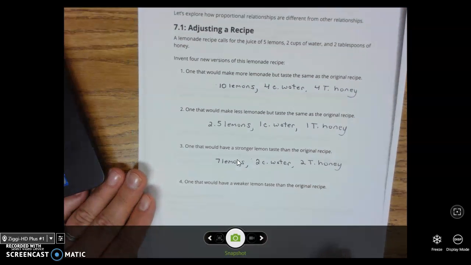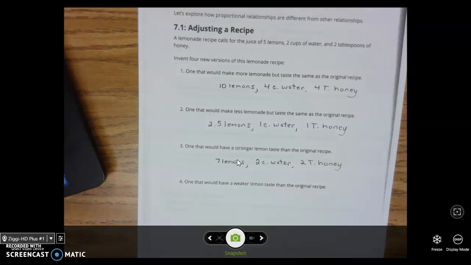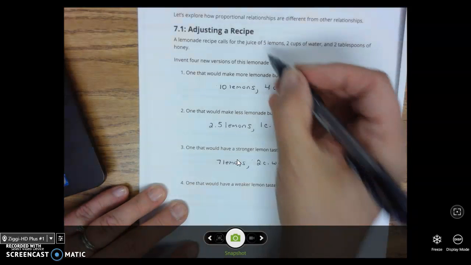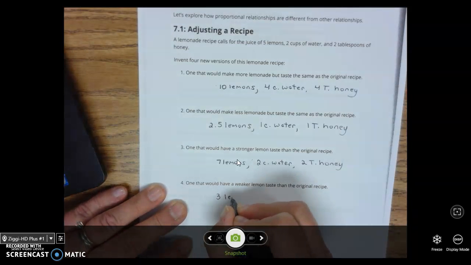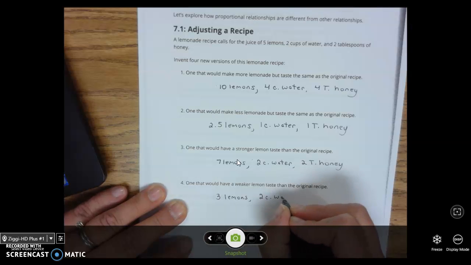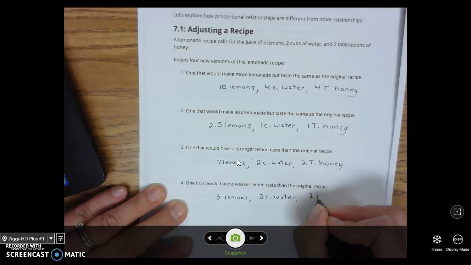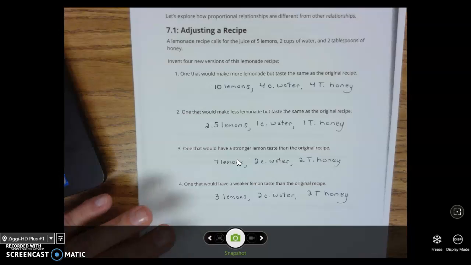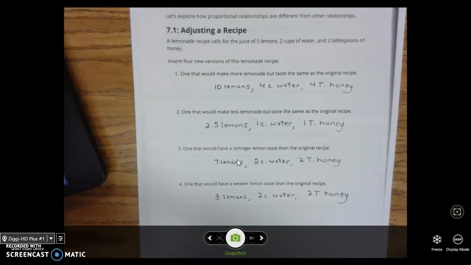And if we want a weaker lemony taste, we're going to do fewer lemons. So instead of 5, let's do 3 lemons, 2 cups of water and 2 tablespoons of honey. Okay, so we can adjust our ratios in our recipe to give us more of a certain flavor or less of a certain flavor, or to just make more and have the same thing.